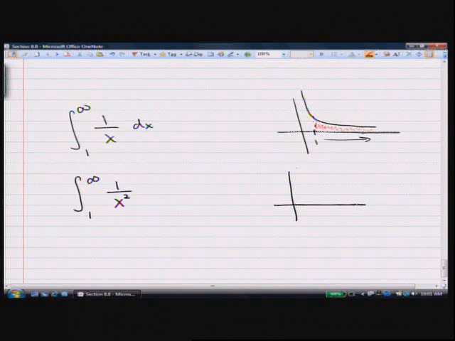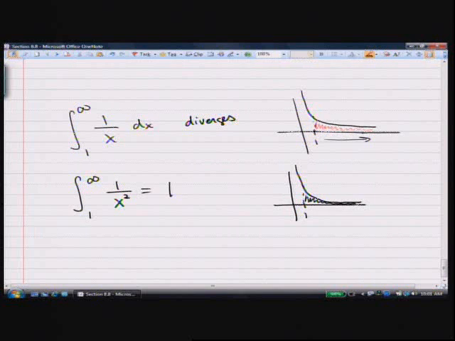Pretty much the same thing. It just gets smaller a little bit faster. But that area is actually finite. This freaks me out. So this one is divergent, but this one is convergent. You can actually get this answer to be 1 over p minus 1. So this answer is 1. The integral from 1 to infinity of 1 over x squared is 1, but this diverges.